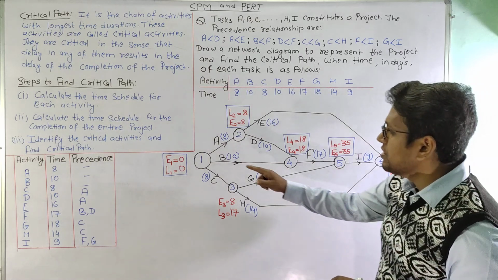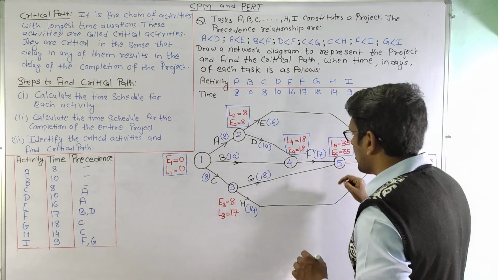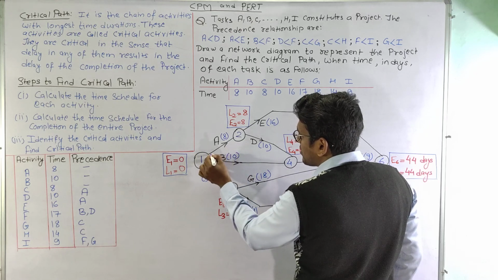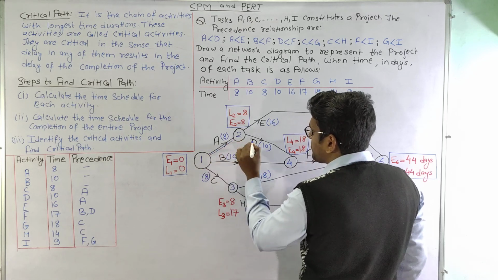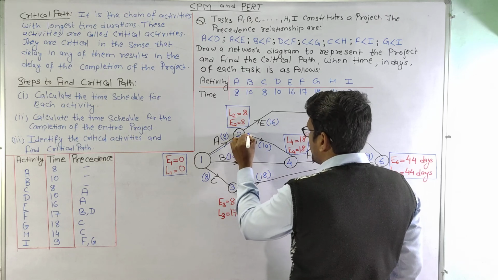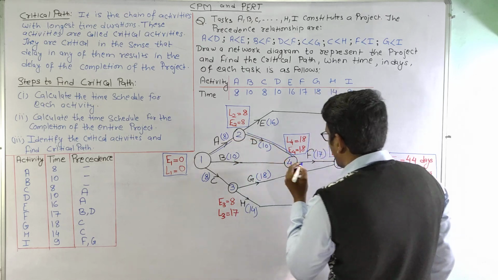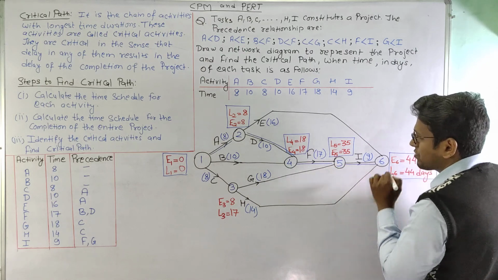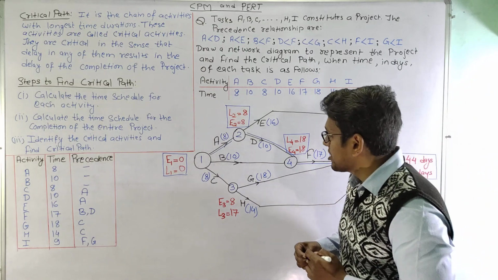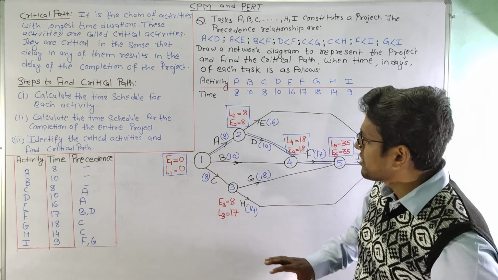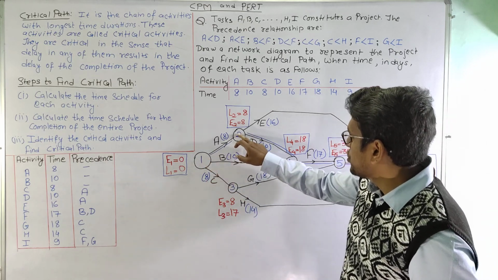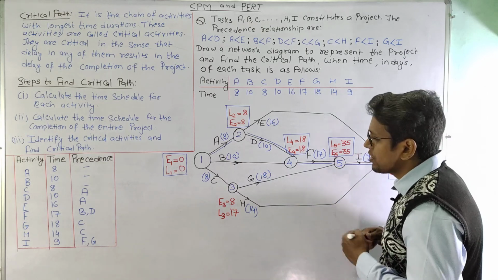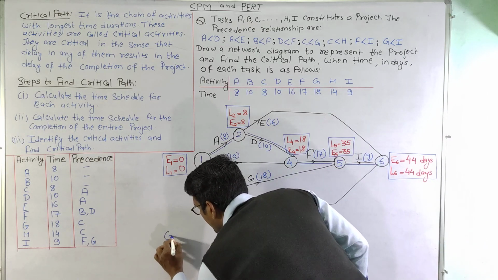So from these nodes we will draw another line to show that this is the critical path. So from 1 to 2, then 2 to 4, then 4 to 5, and 5 to 6. So here in this network our critical path is 1, 2, 4, 5 and 6.